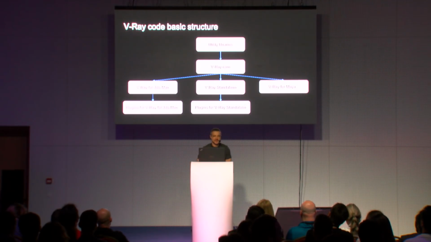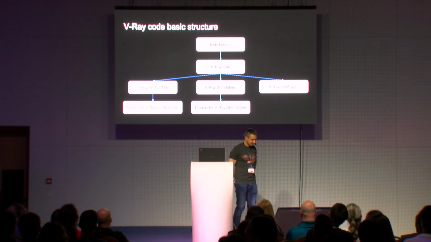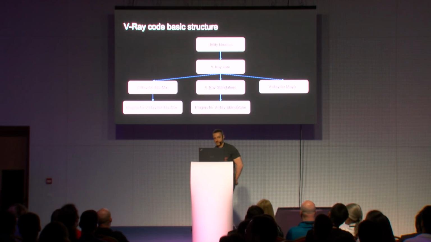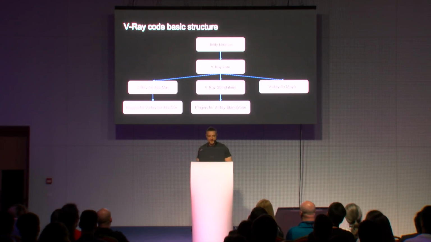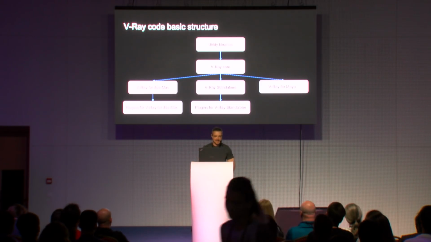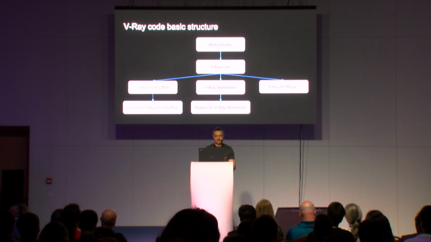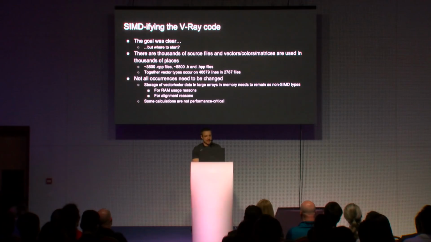And then we have the various integrations of VRay for 3ds Max, VRay for Maya, and the command line version of VRay. And then on top of that, we have all the various plugins that extend those, like materials, lights, texture maps, and so on. So making this change, a fundamental change in all these pieces of code, was going to be really, really complicated.